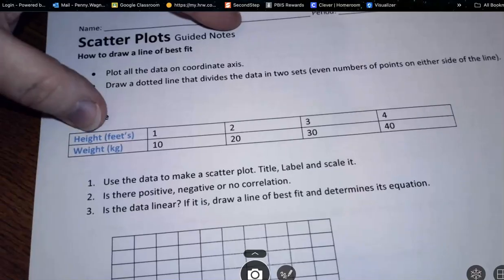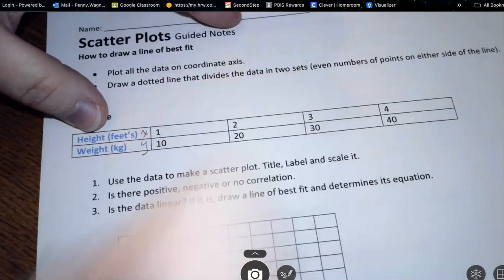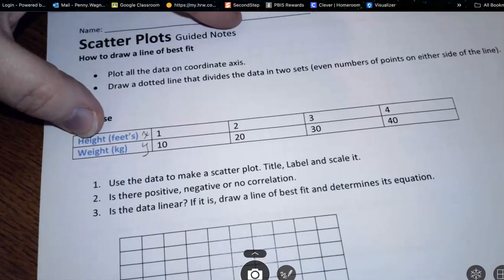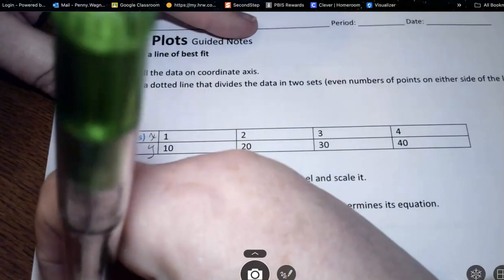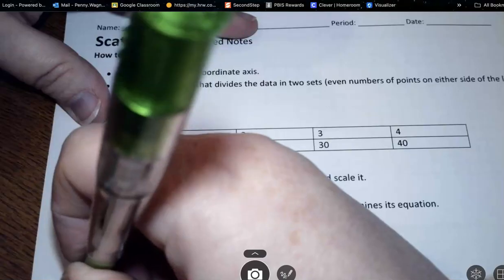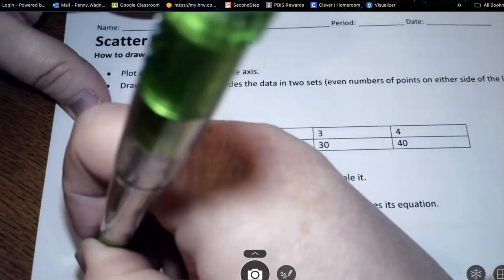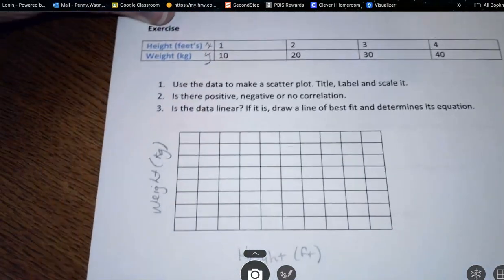So this is usually my X and this is my Y. So we're going to do that. So this is my height in feet, and this is my weight in kilograms.